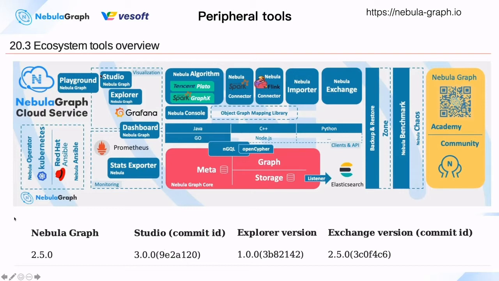And another tooling that may be strange to you, but you may already know, are the Explorer and Dashboard. So Explorer is yet another data explorer tool, which has a similar architecture to Studio.